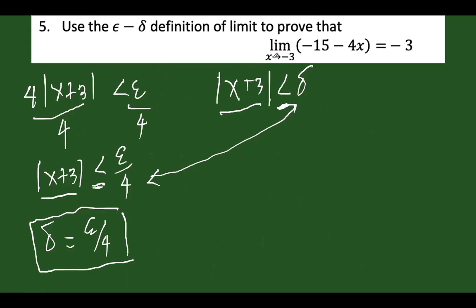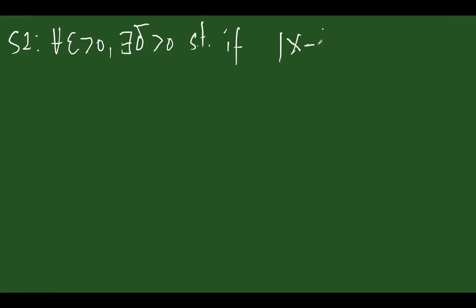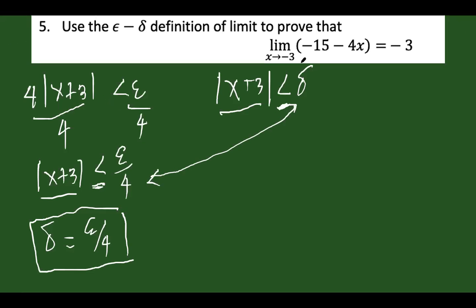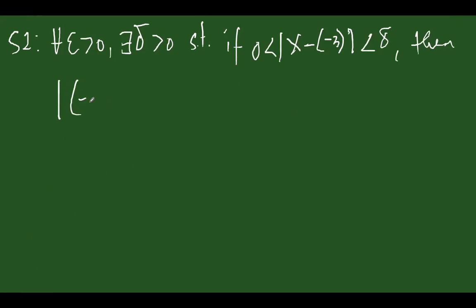The absolute value of x minus negative 3 is less than delta but greater than 0, then, so let's have the last statement or the conclusion. We have the absolute value of negative 15 minus 4x minus negative 3 is less than epsilon.